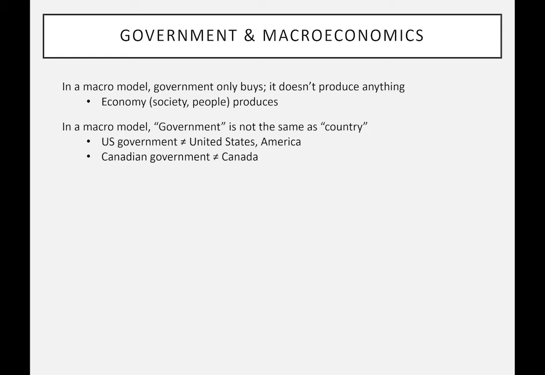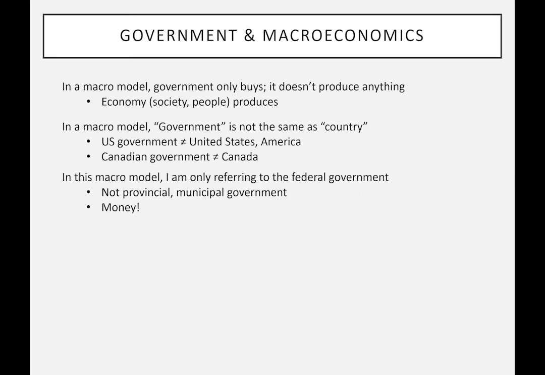This entity, Canada, the rocks and trees and the people that live here, will exist for thousands of years into the future. The Canadian government, of course, may change. We've had a federal system of government for 150 years. It may change in the future. The distinction here is that when we speak of government, it's not the same as the country where people are living. And this is very clear in macroeconomics.